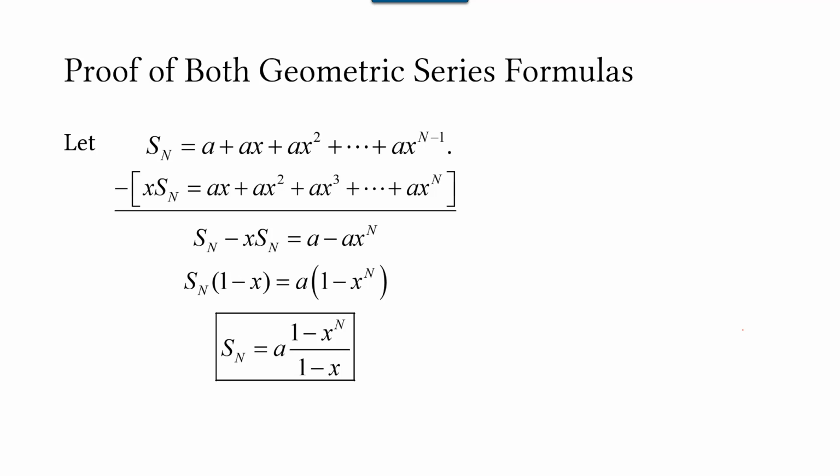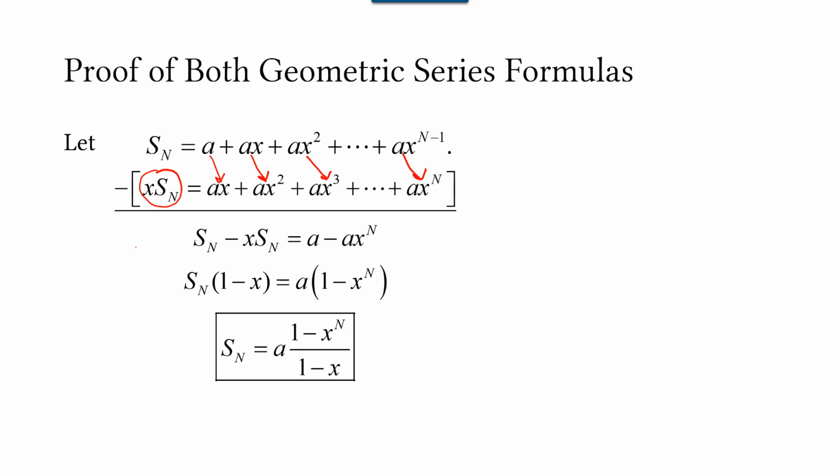And let's take it in steps. So first off, if I multiplied S sub capital N just by x, then I would multiply a by x and get ax. I would multiply ax by x and get ax squared, ax cubed, and finally ax to the capital N.